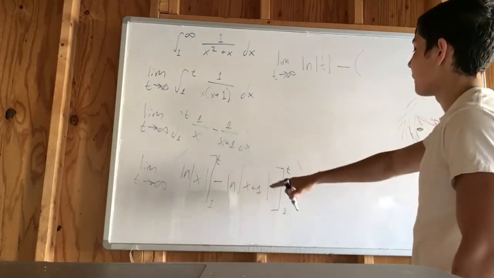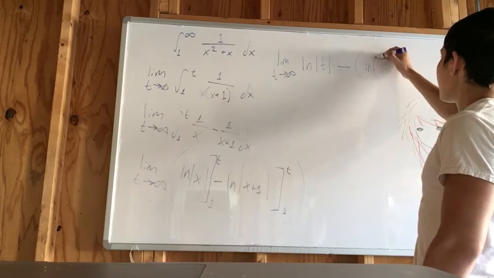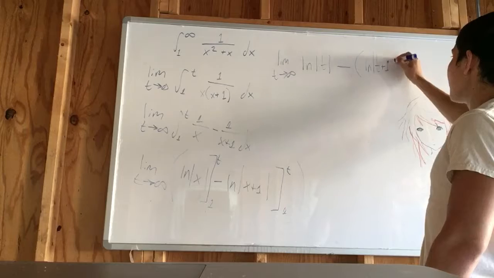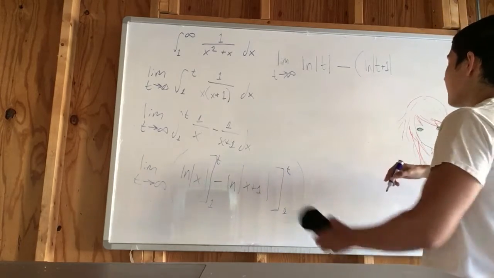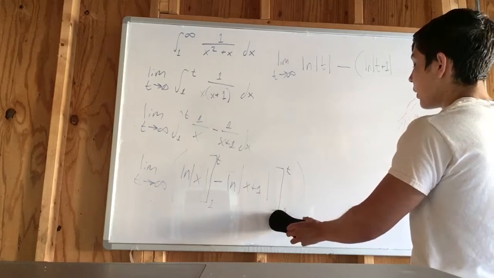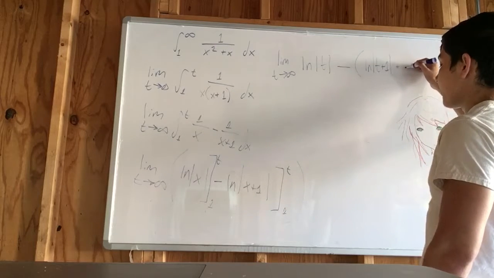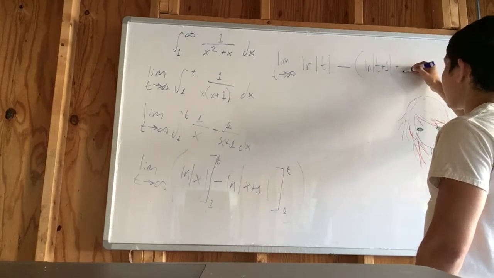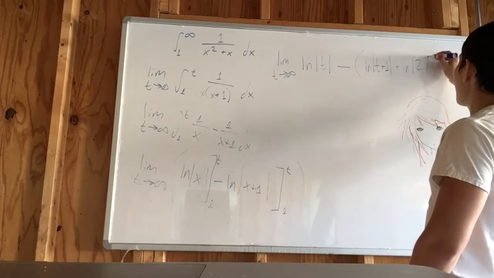So the upper bound is natural log absolute value of t plus 1, and the lower bound gives us 0. No, it gives us natural log of 2. 1 plugged in here gives us natural log of 2. It's not a negative 1, it's a positive 1, plus natural log of 2.